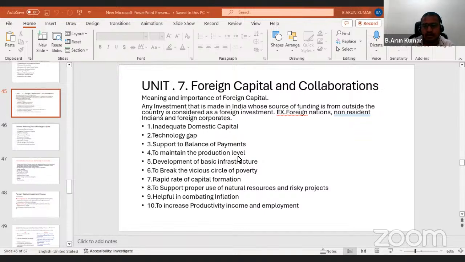We have sufficient population, but we don't have much capital and technicality, and also for developing purposes we have less capital. So foreign capital plays an important role in developing economies.